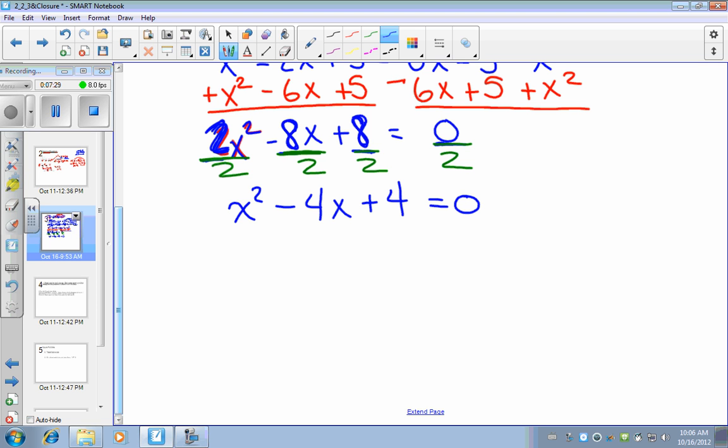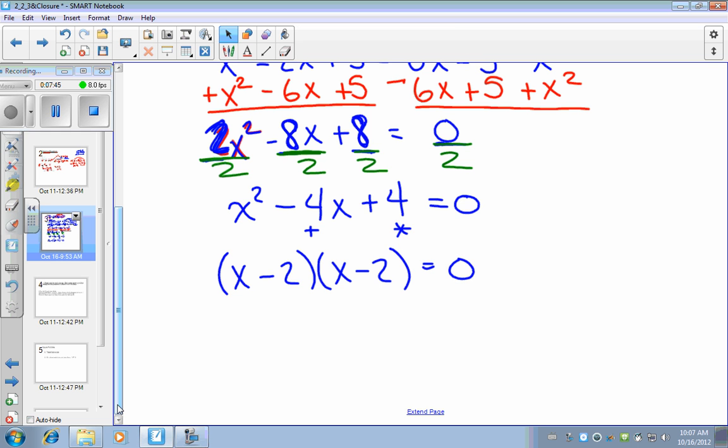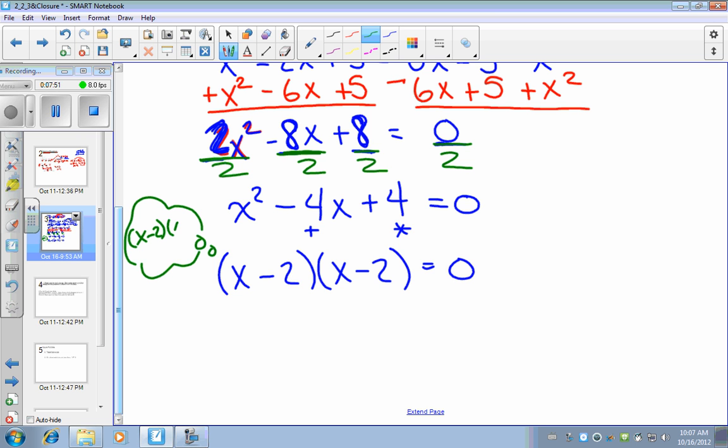Now you can either use your quadratic formula if you want, or you could recognize that you have to have a product of 4 and a sum of negative 4. So I think negative 2 times negative 2 would work. But just in case you're not sure about that, you can always do the FOIL in your head to make sure it equals that.